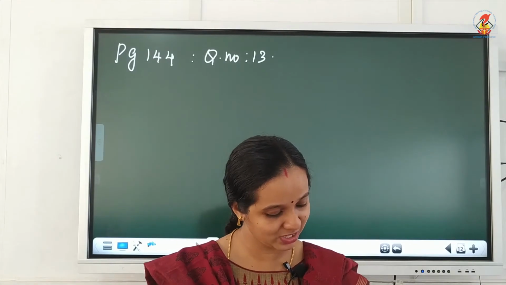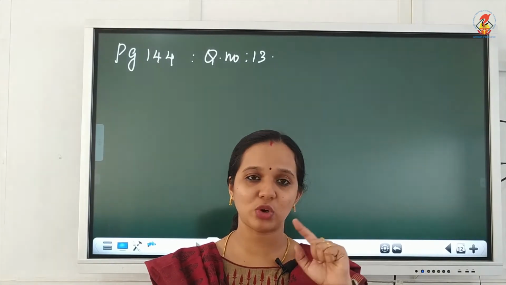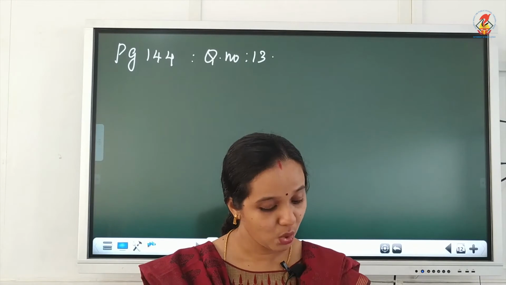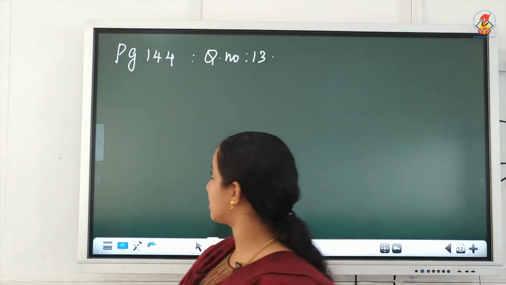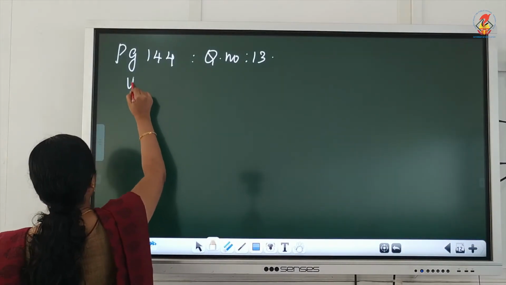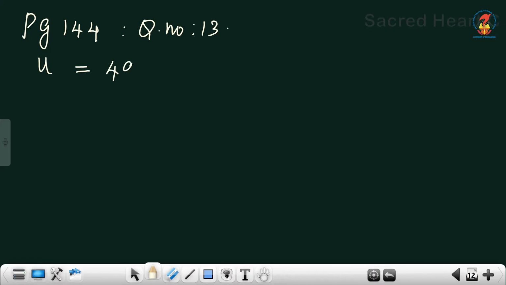So, in the question, a ball is thrown vertically upward with a velocity of 49 meter per second. So, it is thrown with an initial velocity of 49 meter per second.